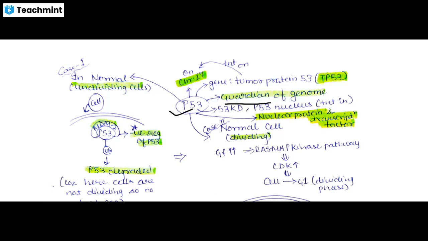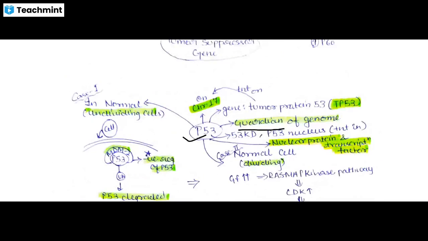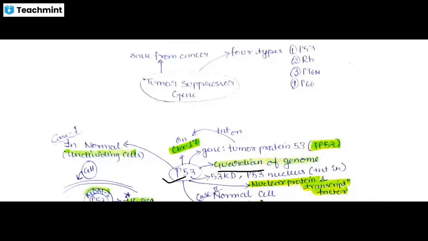When we study cancer biology, there are two types of genes we really focus upon. First, tumor suppressor gene, and second, proto-oncogene. When we talk about tumor suppressor gene, as the name suggests, what is a tumor? It is cancer, an uncontrolled group of undifferentiated cells, right?